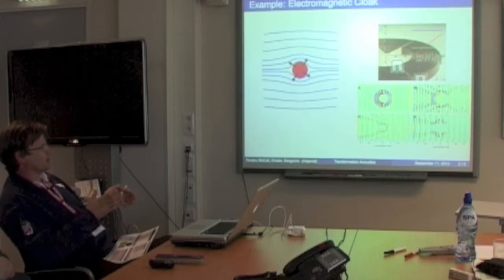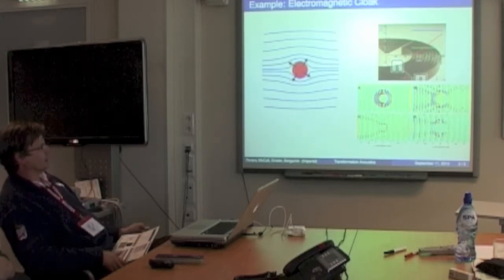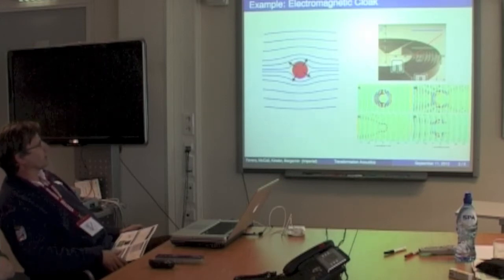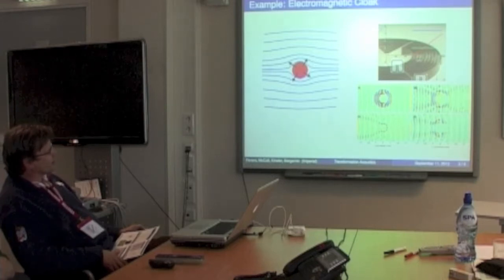So it's a kind of an epsilon and a mu that is both radially inhomogeneous and locally anisotropic. But nevertheless, some degree of cloaking was achieved. This is in fact a theoretical result, and this is the result without the cloak being present, and this is the experimental result with the cloak present.